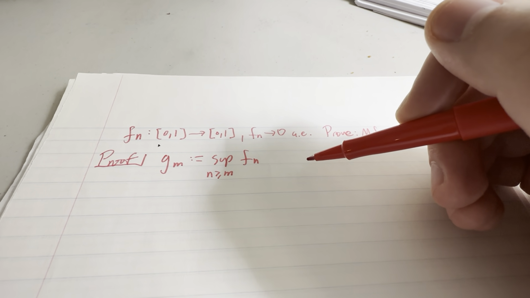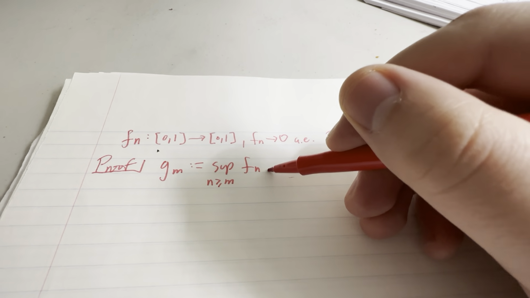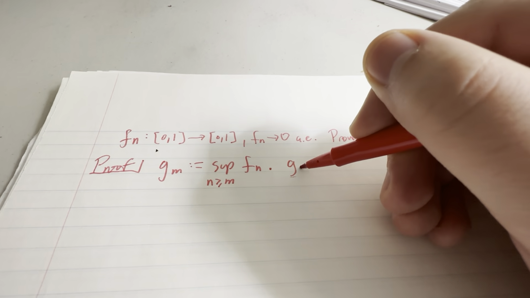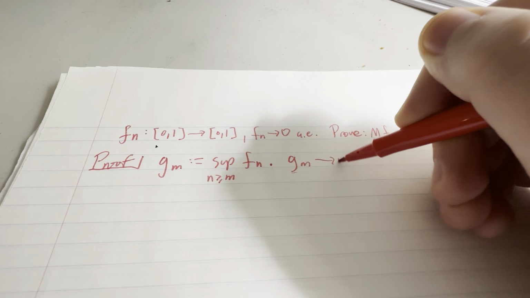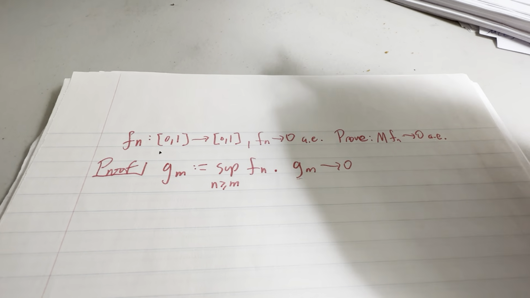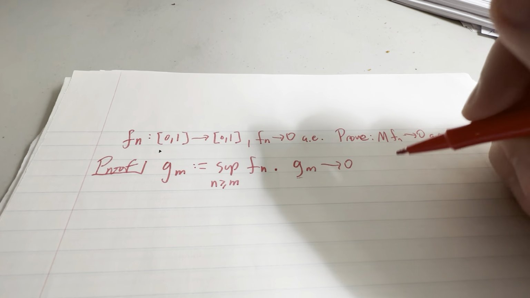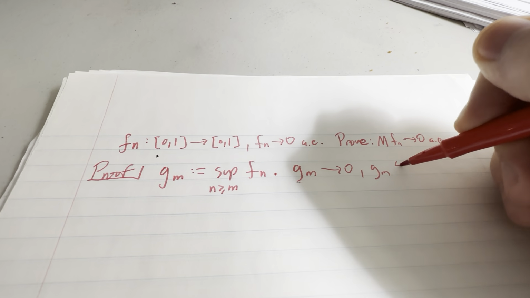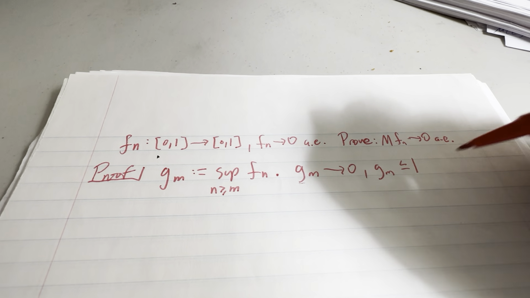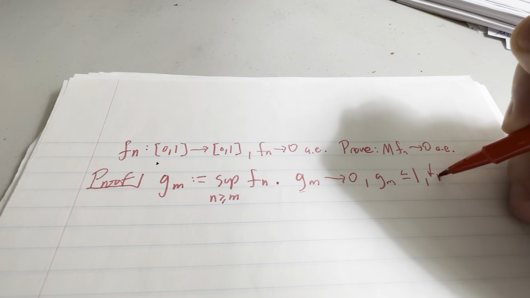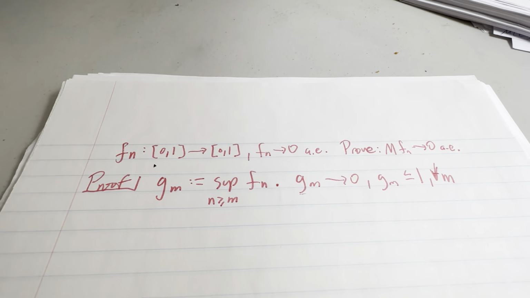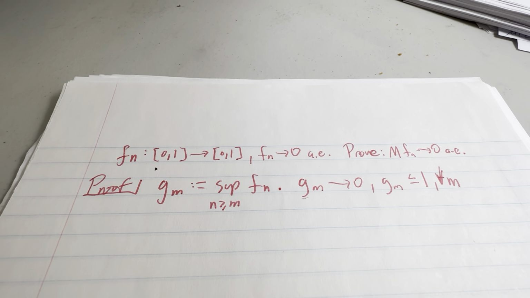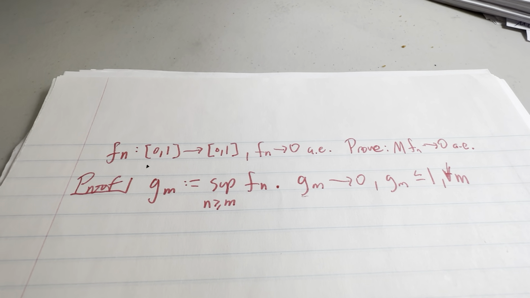Okay, so what do we know? We know a few things. We know that g_m tends to 0 because the f_n's tend to 0. And we know that g_m is bounded above by 1 for all m. What else do we know?